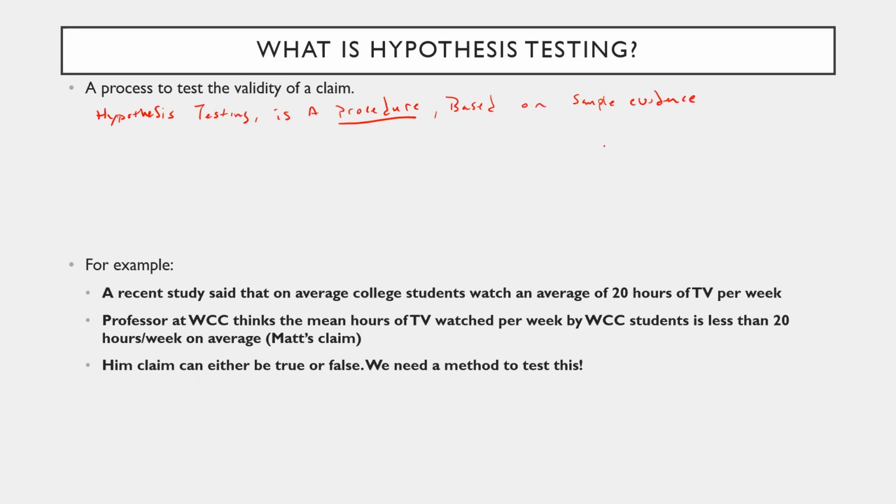Okay, so basically, to test the validity of a claim, you're going to have to collect evidence, right? You want evidence that supports the claim or evidence that does not support the claim, okay? And in statistics, our evidence is going to be sample data. So sample evidence or sample data, okay?